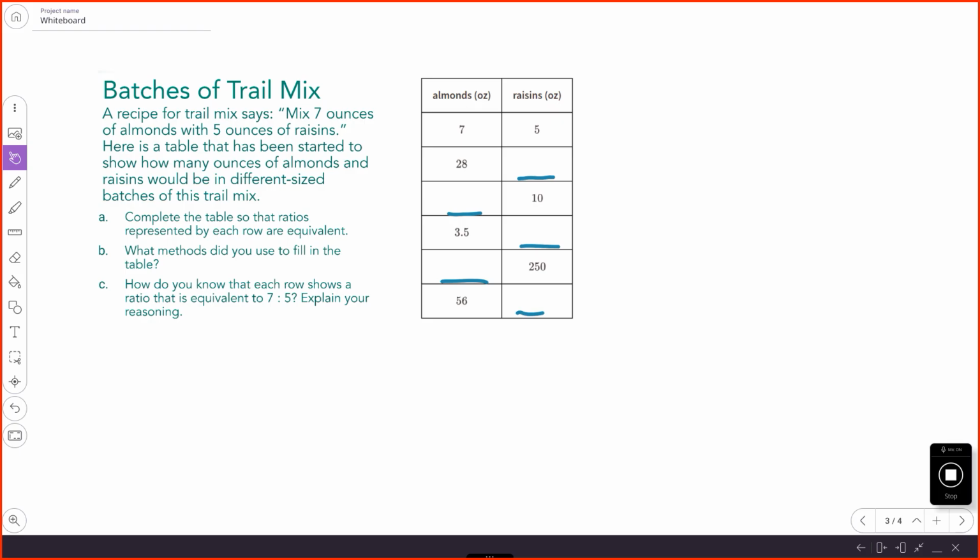All right, so let's do an easy one. Let's look at this 28 right here. How do we get from 7 to 28? Times 4. That means that the 5 here also has to be times 4. What is 5 times 4? 20. That's how you do it.